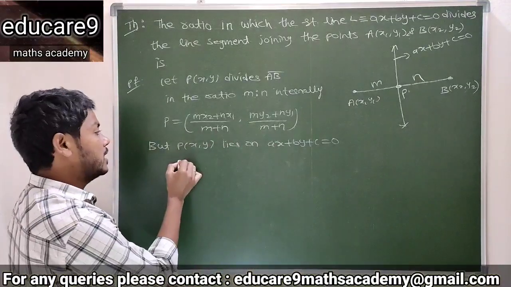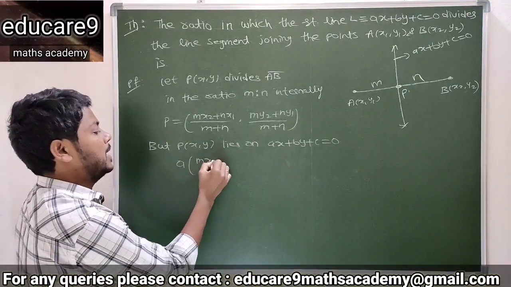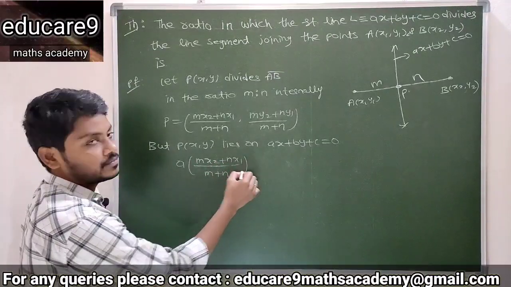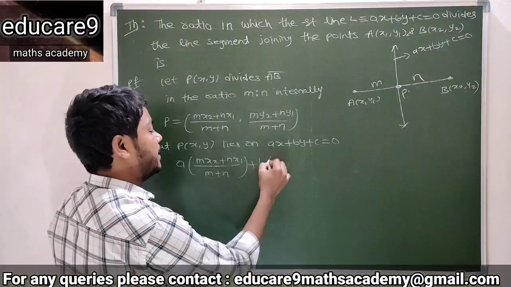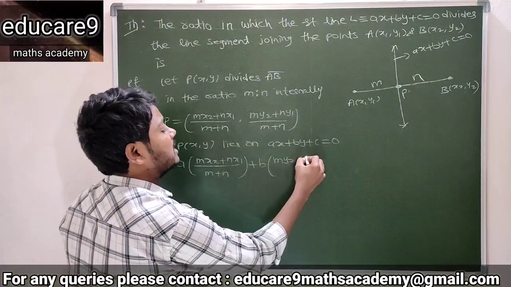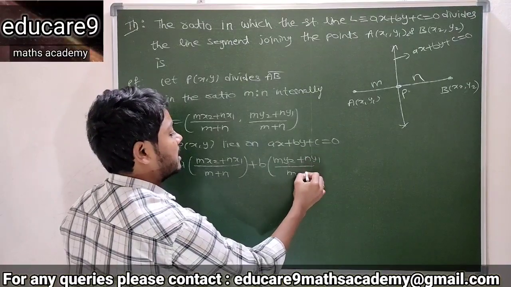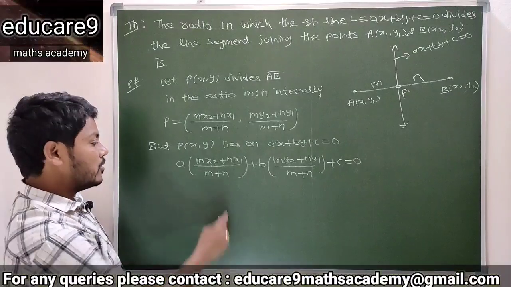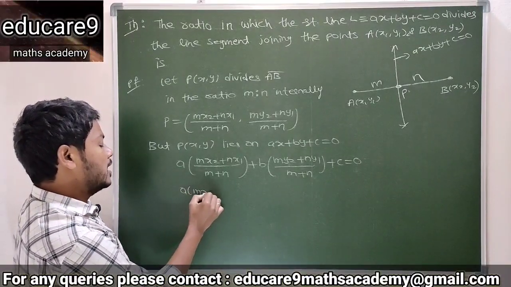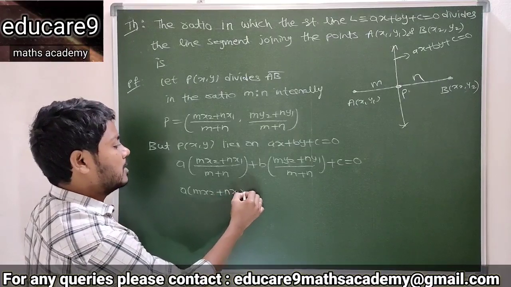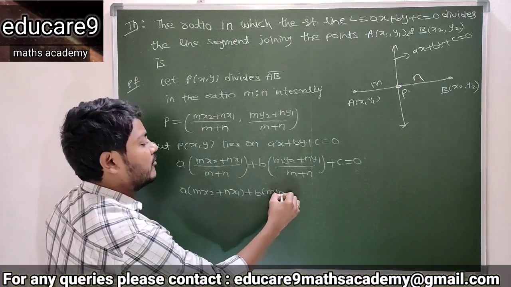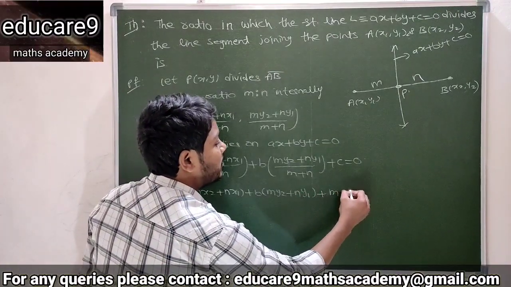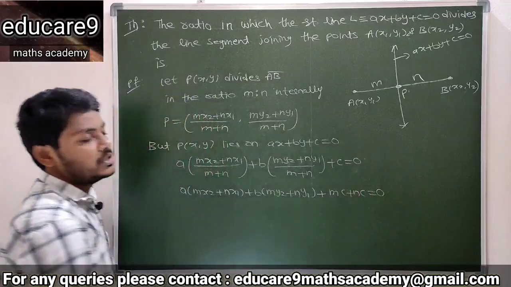We get a into (mx2 plus nx1) by m plus n, plus b into (my2 plus ny1) by m plus n, plus c equals 0. Now we get a into (mx2 plus nx1) plus b into (my2 plus ny1) plus mc plus nc equals 0.